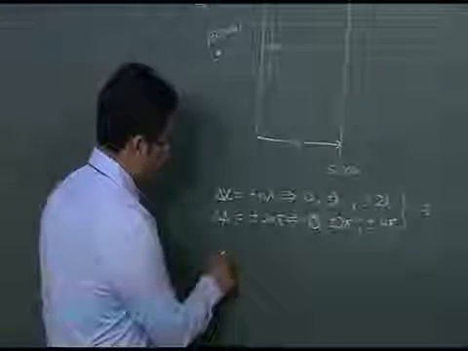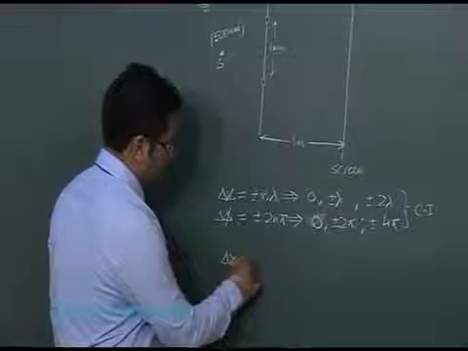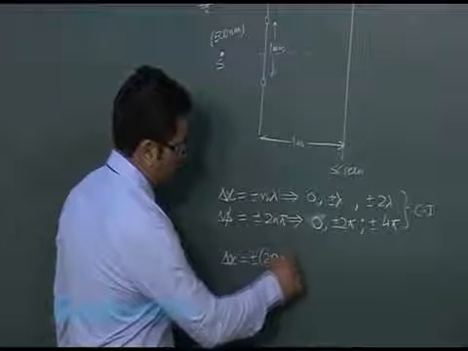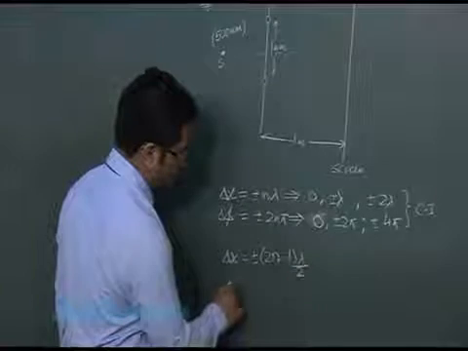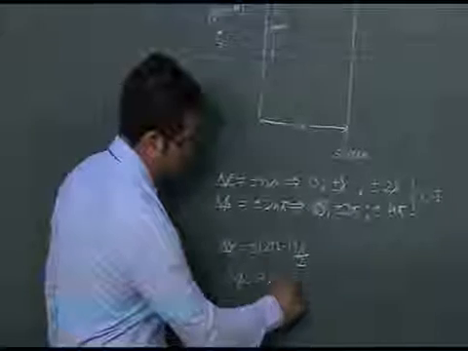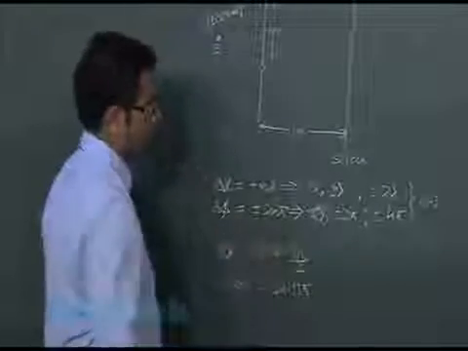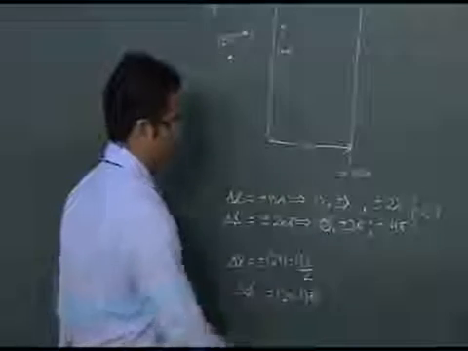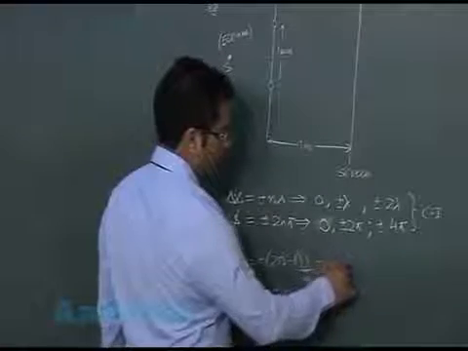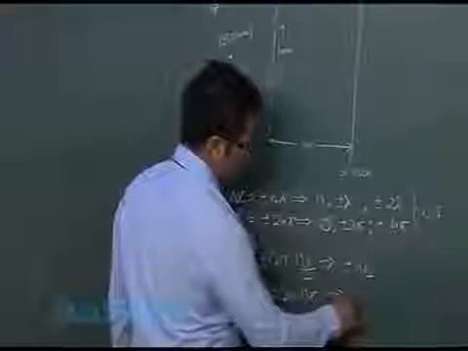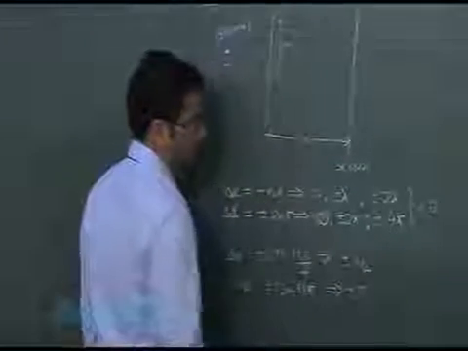Now let's talk about destructive interference. Delta x is plus minus (2n minus 1) lambda by 2, and phase difference is plus minus (2n minus 1) pi. And here we begin n from 1. So when we put n as 1, you'll get plus minus lambda by 2, and this will be plus minus pi.